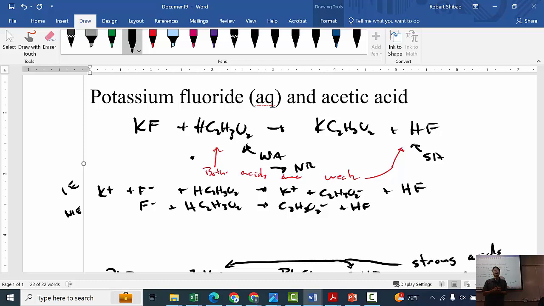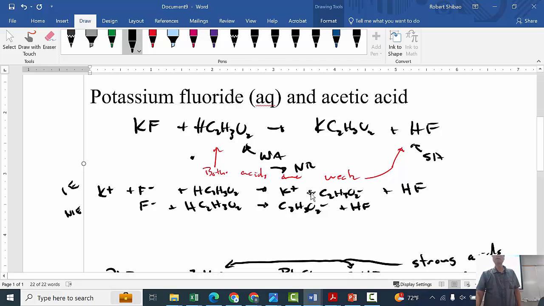You might have it in your head, oh, I know it's NR, but you have to show me that you know, because I don't know if you know or if you just wrote NR as a guess. If you show me a little bit of analysis, then I can see that you clearly understood that we're going from a weaker to a stronger acid.